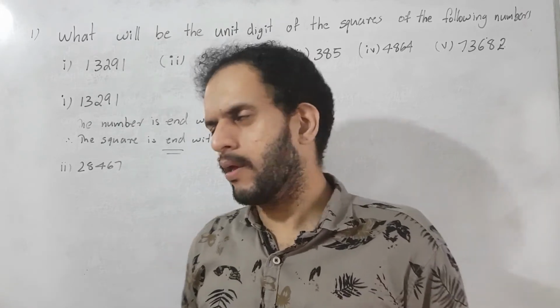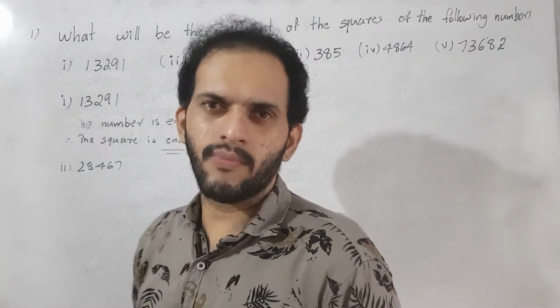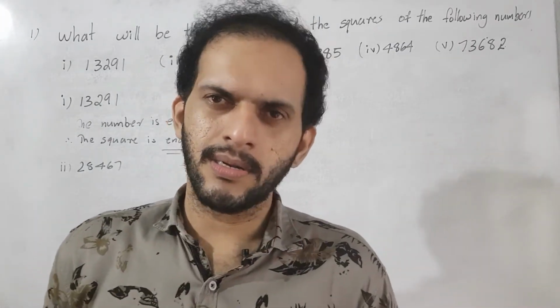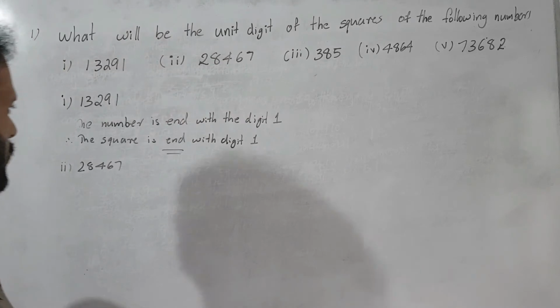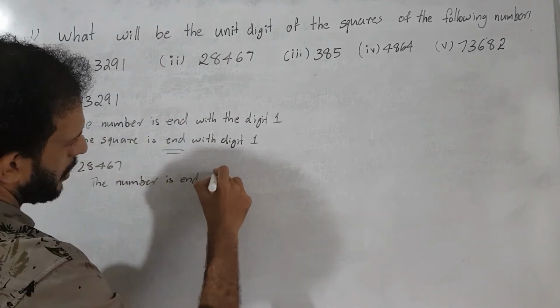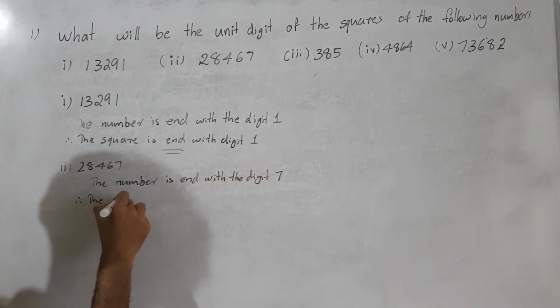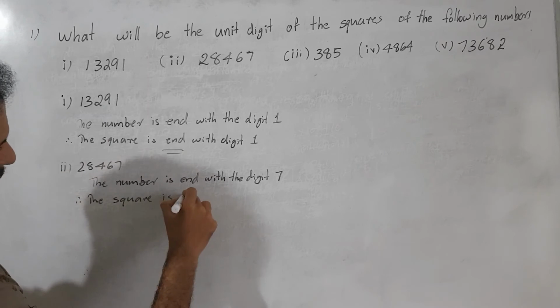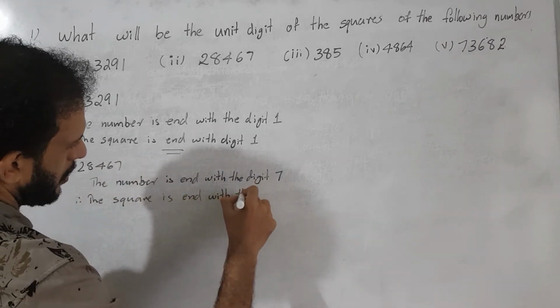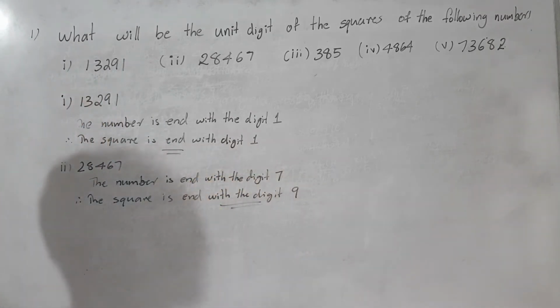So now it is very clear, the number ends with the digit 7, so the square of this number ends only with the digit 9. Then how to write the answer? The number ends with the digit 7, therefore the square ends with the digit 9. Correct?